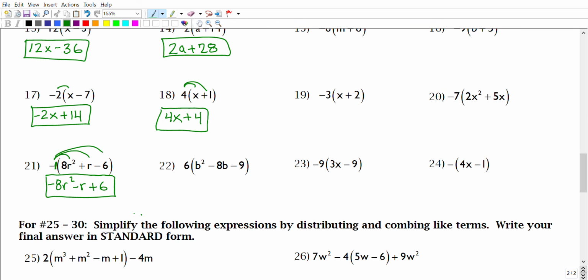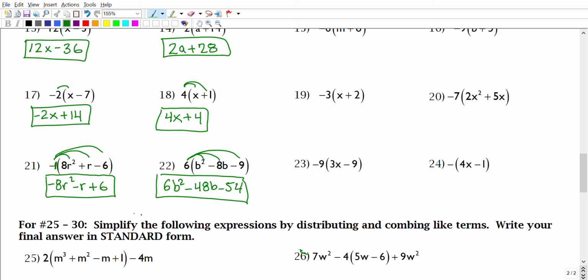So let's continue with number 22, and then I'm going to have you guys try some on your own. So first one, we get 6b squared minus 48b minus 54. All right, so 6b squared minus 48b minus 54.